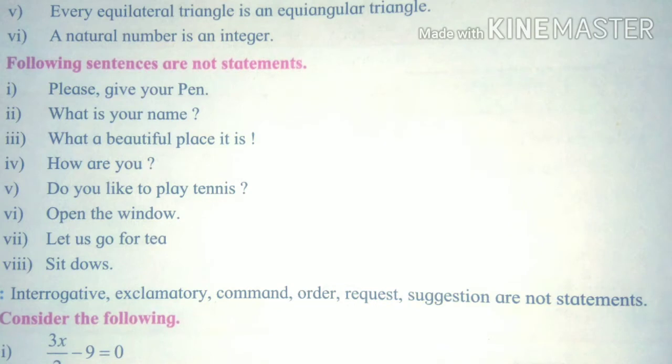But remember students, sentences such as how are you, what is your name, open the window, these types of sentences are not statements. That is, interrogative, exclamatory, commands, orders, and suggestions are not statements.